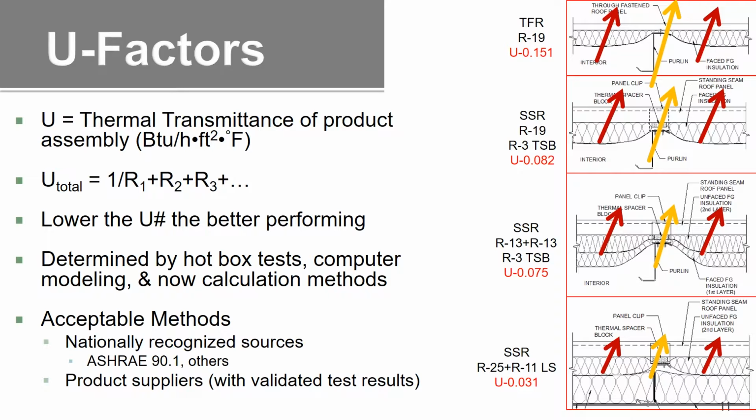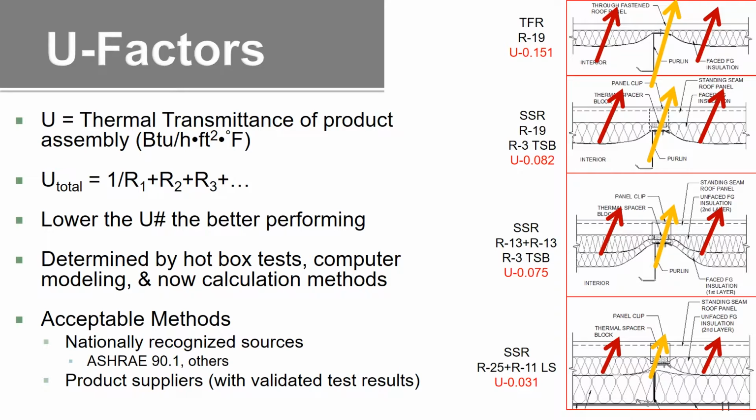Taken out of ASHRAE, you have a through-fastened roof, R19, notes a U-factor of 0.151, and you'll notice these numbers in red are reducing all the way down to 0.031. So the lower the number, the better the performing.